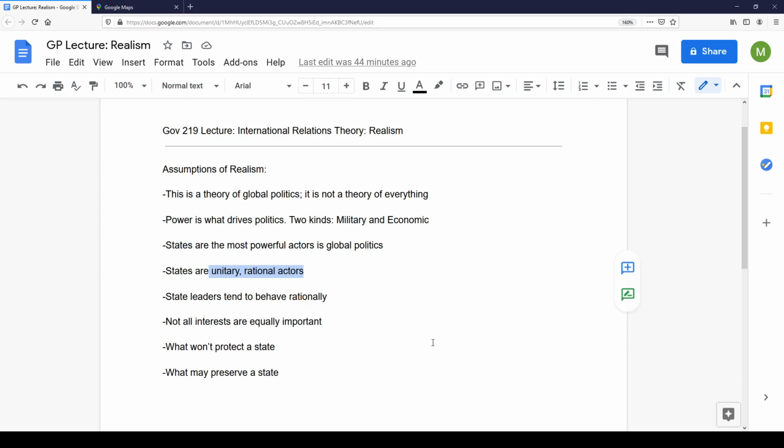Now, I'll draw an analogy to something. It may not apply to many of you if you haven't taken it. But that definition of rationality is not all that different than, say, particularly in microeconomics, but more generally in economics, the belief in rational decision making of economic actors, whether they be households or companies, that they can figure out, all right, we have this amount of resources and this is what we need to do.